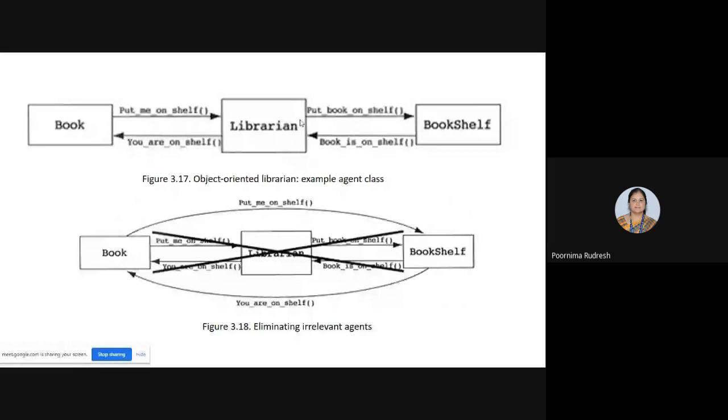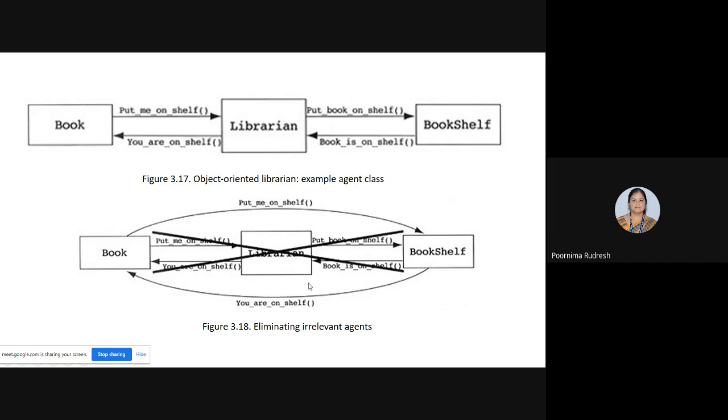Understood? But here that is removed, because one group argues that if we include the librarian, it leads to more messages being exchanged between book and bookshelf. In order to avoid that, here we are eliminating the librarian class. If we eliminate the librarian class, what happens?